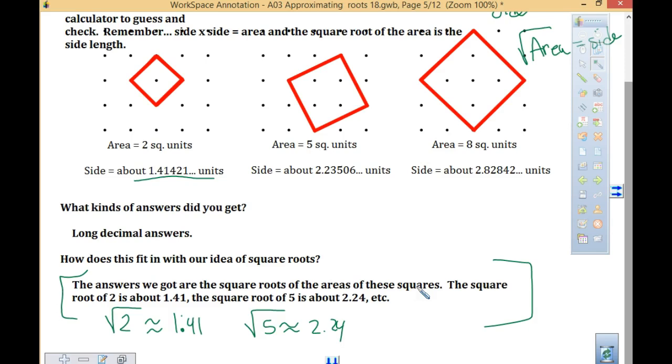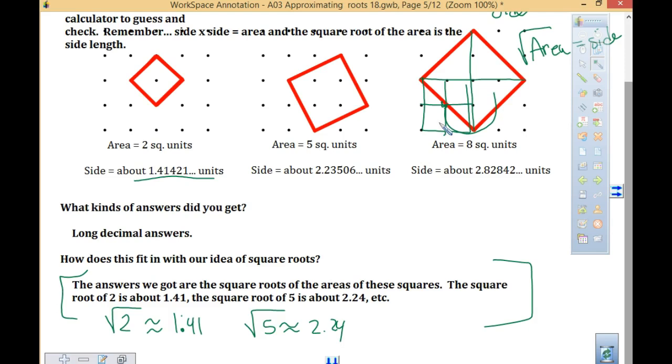Now, I just want you to take a look at this right here. If you look at these two, and if I put these two together, do you agree that that is 4 square units right here? Okay? So sometimes when we look to find the side length, we need to know the area.